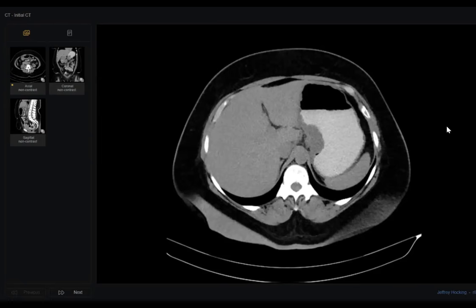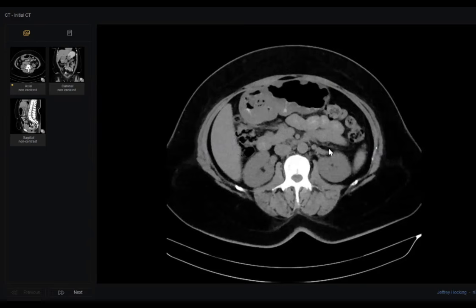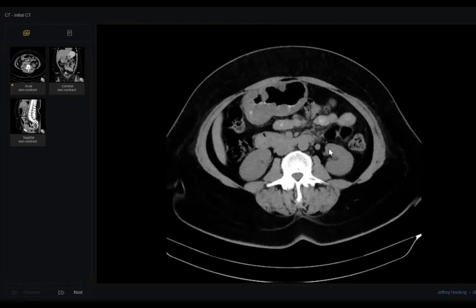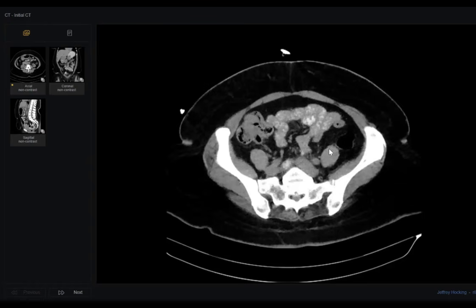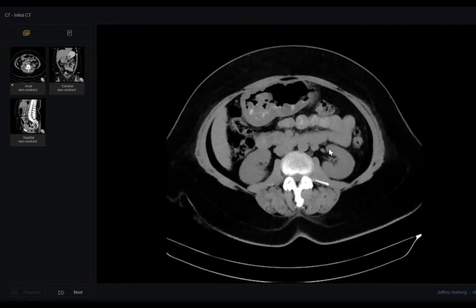At this cut, I can see a pedunculated lesion at the wall of the stomach, protruding inside the abdomen. I will look for any lymph nodes inside the abdomen.